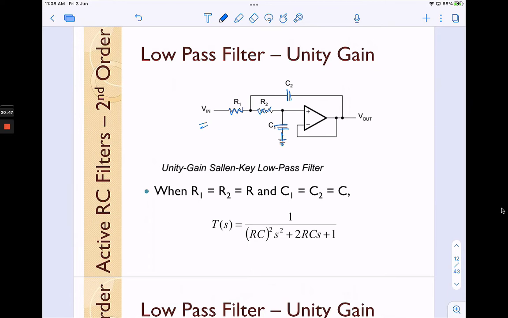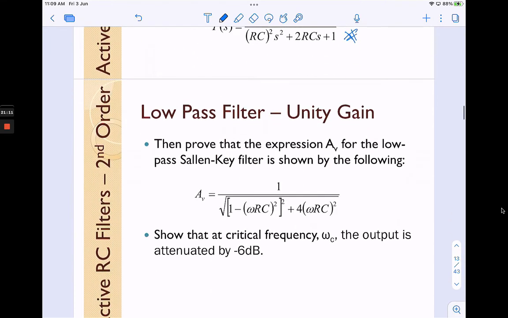Okay, so you just swap the R and C terms. What you get is the transfer function for the low pass filter Sallen-Key with unity gain.